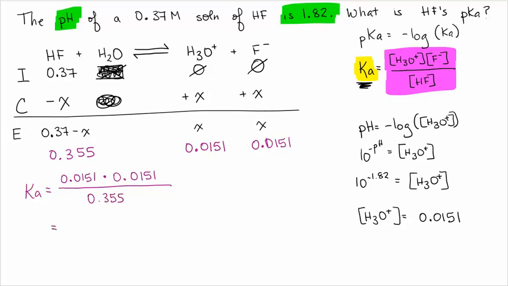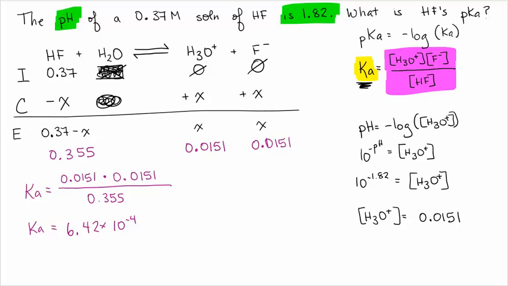That equals 0.0151 times 0.0151 divided by 0.355. I'm going to multiply that by 100 to get it in scientific notation: 6.42 times 10 to the minus 4th. That's what the Ka is equal to for HF in general.